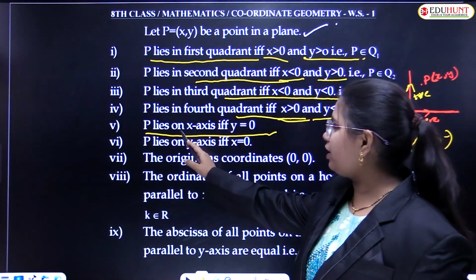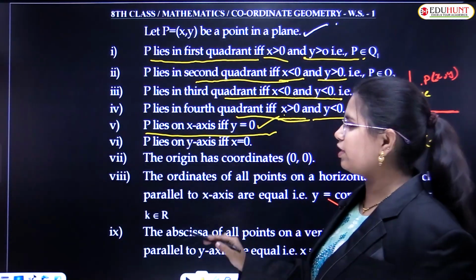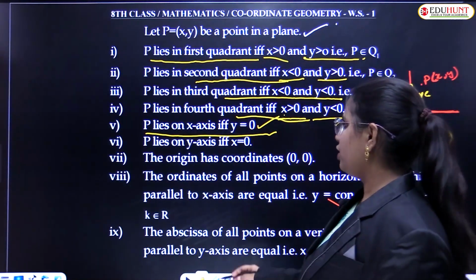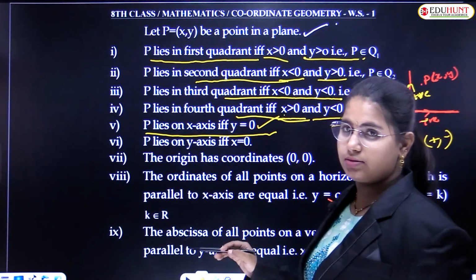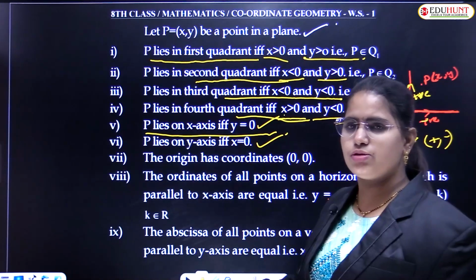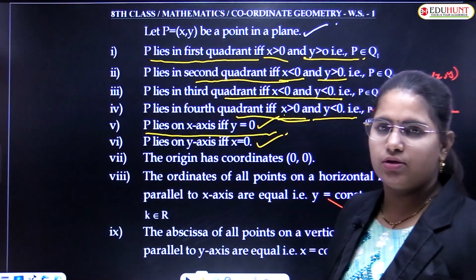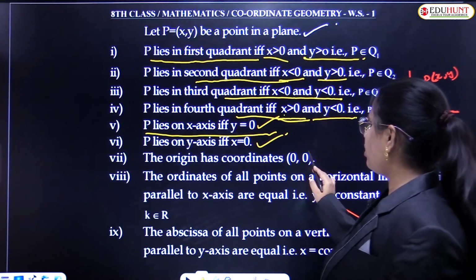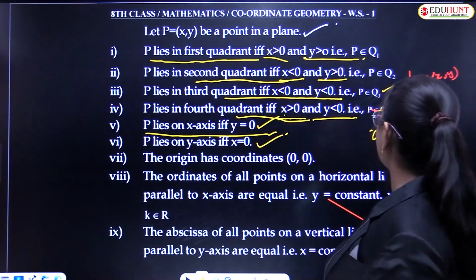So point P lies on the x-axis if and only if y is equal to 0. Understood? Next one: if point P lies on the y-axis, then the simple condition is x equal to 0. Just now we have discussed. Yes or no? Right. The origin has coordinates 0, 0. What do you define as the origin?